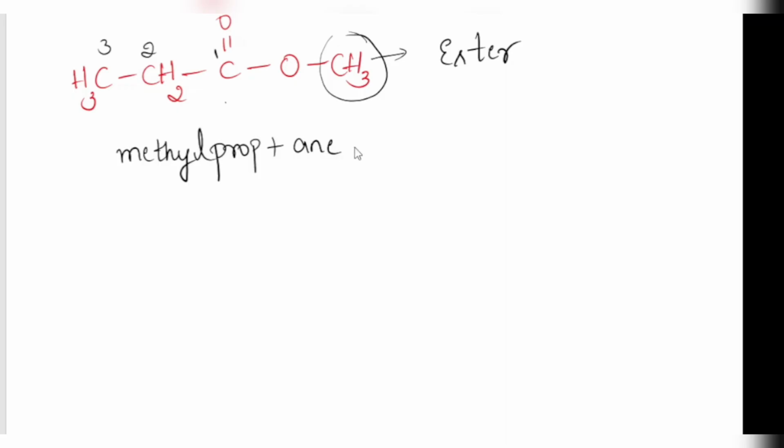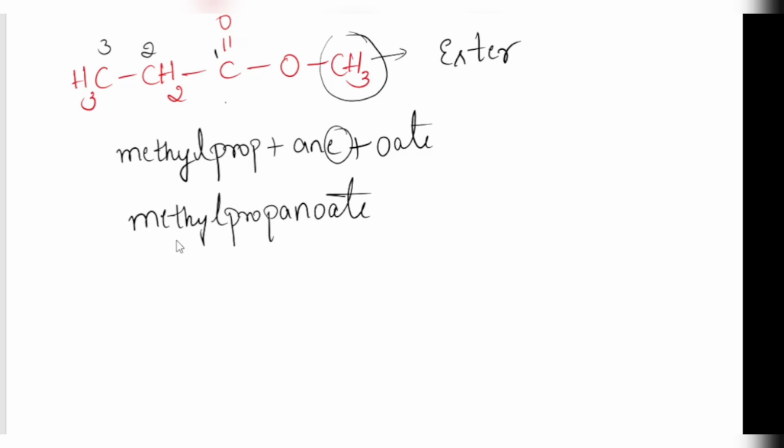Then what is the secondary suffix? That is for ester, that is OATE. Elision of E has to take place over here. Methyl propanoate. Methyl propanoate is the IUPAC nomenclature for this particular compound.